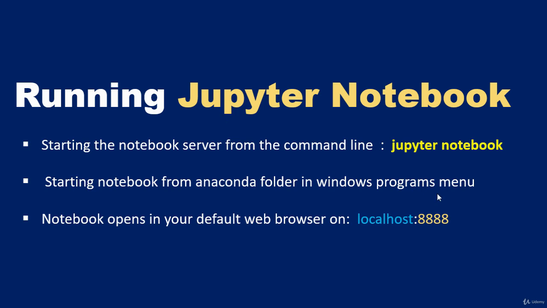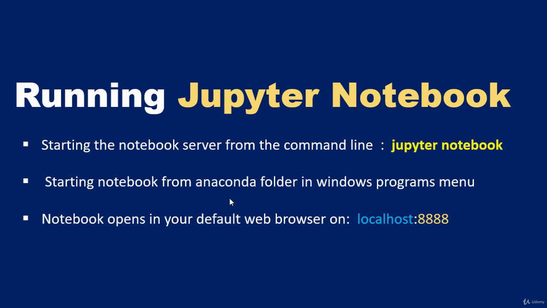I have shown you how to start the Jupyter Notebook server from the Programs menu on a Windows-based computer, which opened up the console and also opened up the notebook in your web browser on localhost 8888. I'm now going to show you how to start the Jupyter Notebook from the command line, which is the command prompt on a Windows-based computer, but the process is the same on the terminal.